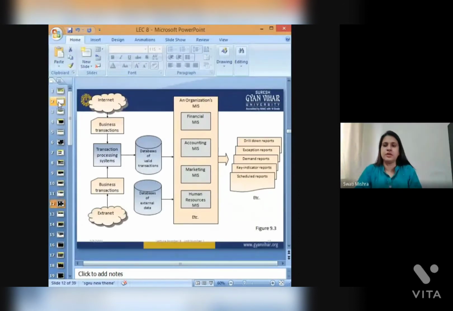So MIS can be divided into different departmental MIS segments like finance, accounting, marketing, human resource, production.